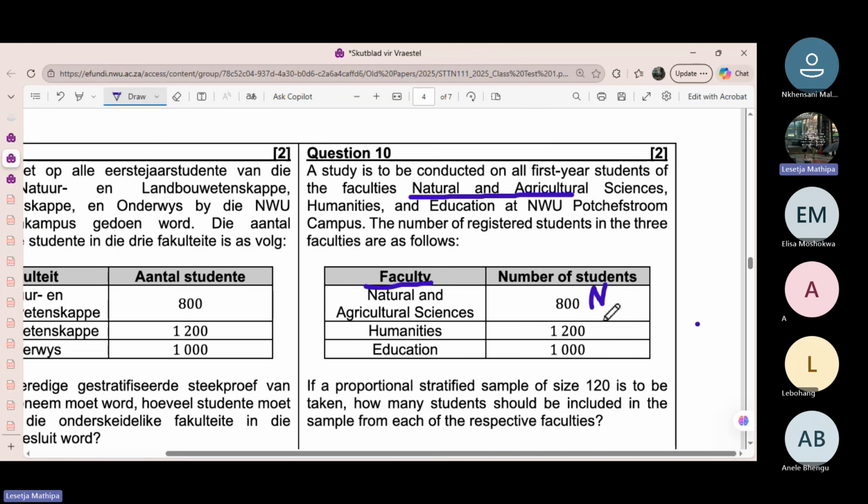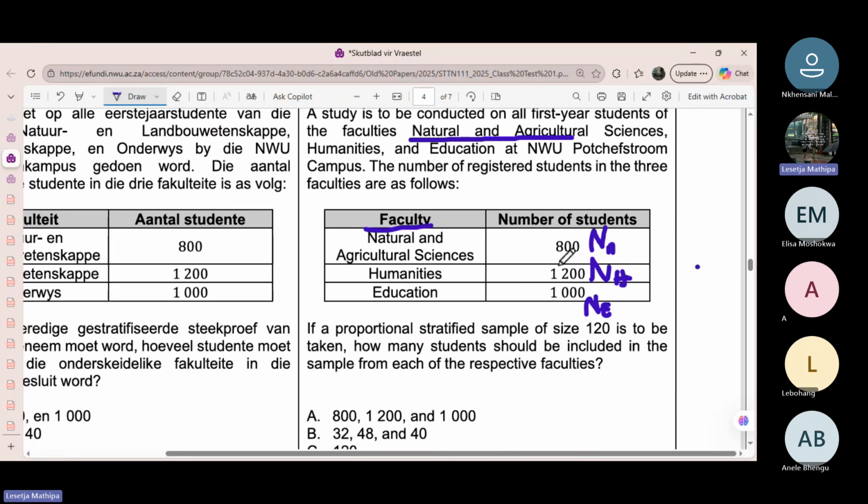We can just say, for natural and agricultural science, this one is capital N for FNAS. You can put H for humanities, and this one is capital N for education, which is N_E. Now the question is, how do we get the population, the capital N?